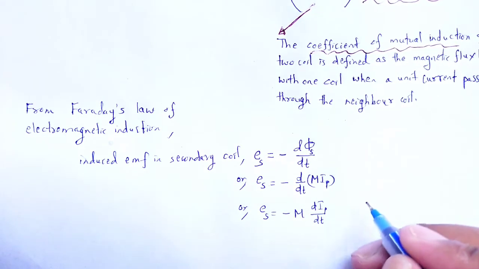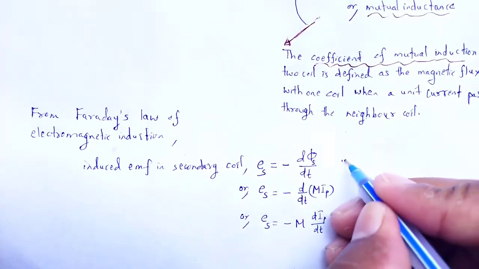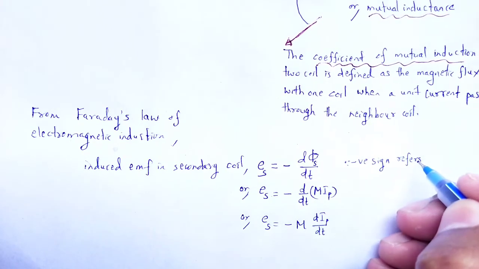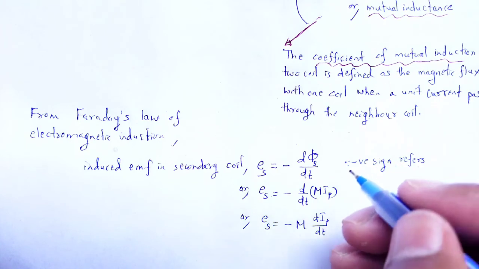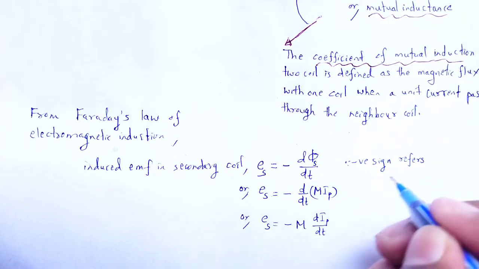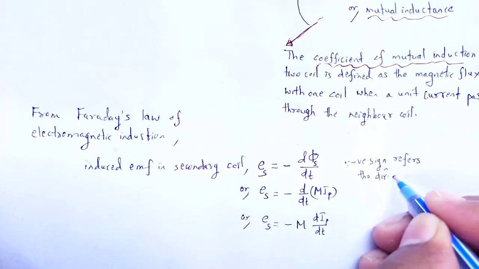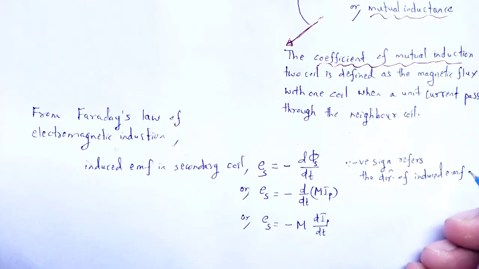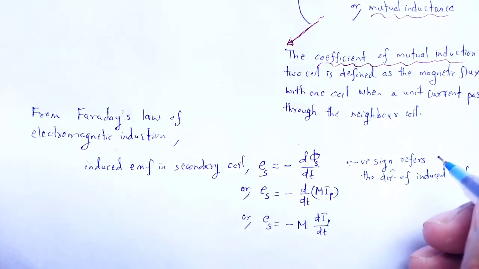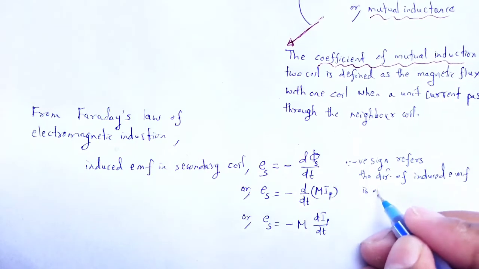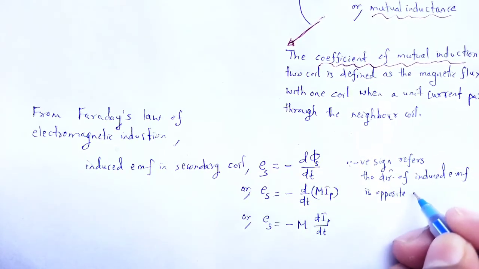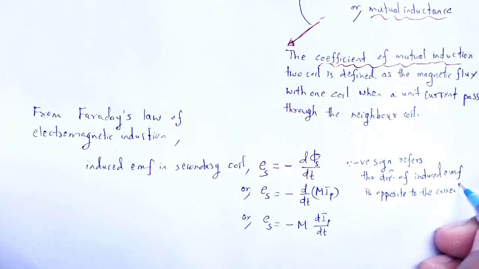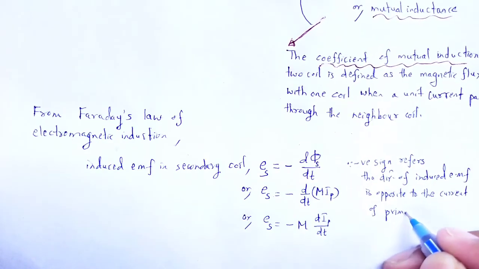Here the negative sign refers to the direction of the induced EMF, which is opposite to the current of the primary coil.